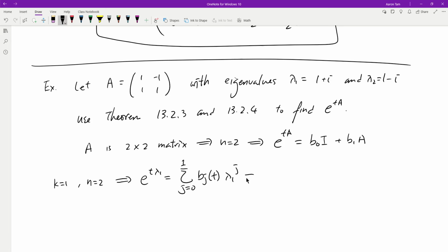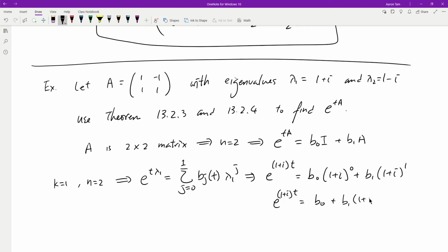So in this case, e to the (1 plus i)t is equal to b sub 0 multiplied by (1 plus i) to the 0 power plus b sub 1 times (1 plus i) to the first power. What does that turn into? Well, e to the (1 plus i)t equals, since (1 plus i) to the 0 power is still 1, just b sub 0 plus b sub 1 times (1 plus i).